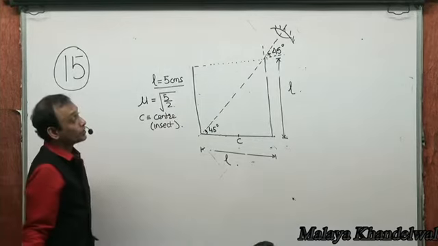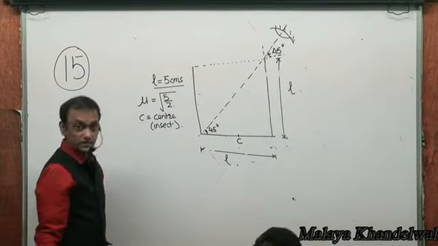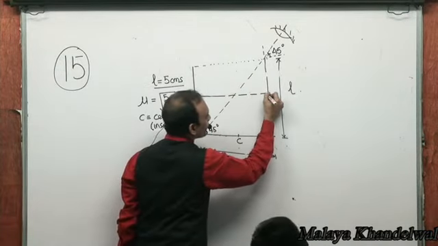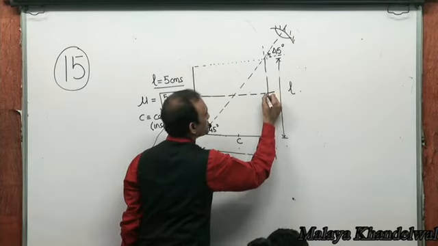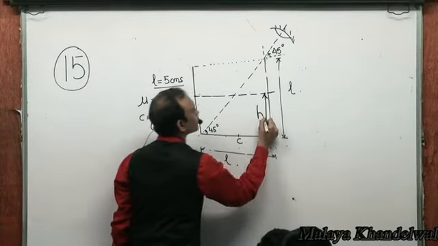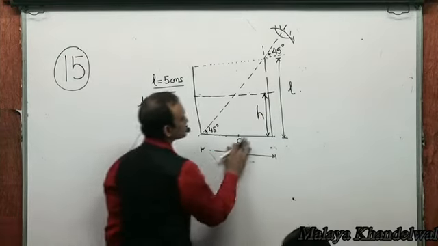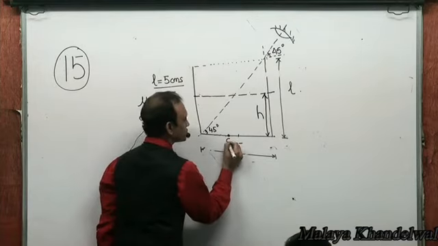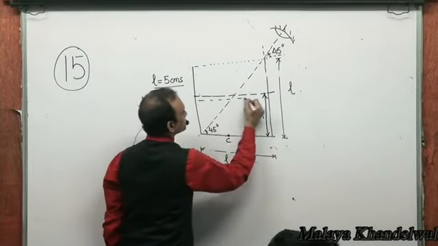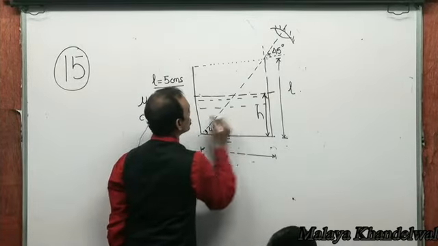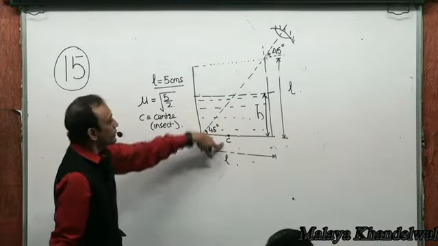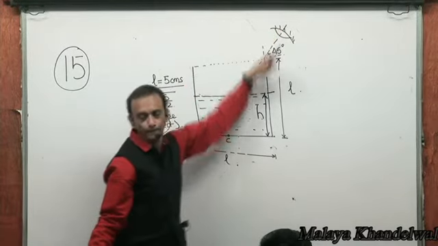Now I seek to fill this tank up to a height h. There is liquid here, refractive index mu equal to root 5 by 2. And I want C in turn to be visible to this eye.